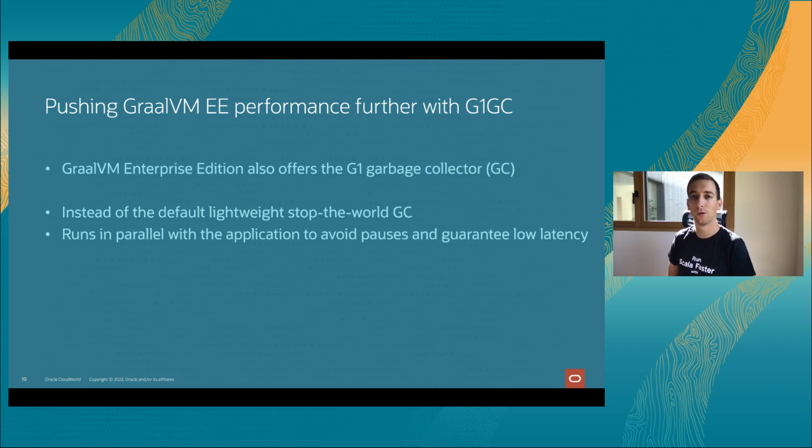It really wants to avoid having pauses that will hit the response time of some requests. And this is the main advantage versus using a lightweight stop-the-world GC like Native Image ships by default.